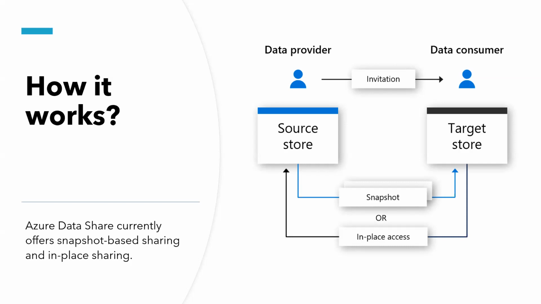Another key capability is control over how frequently your data consumers receive updates. It allows your customers to pull the latest version of your data as needed, or to automatically receive incremental changes to your data at an interval defined by you.